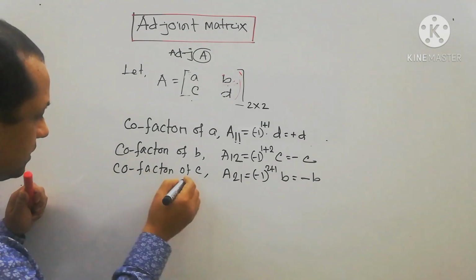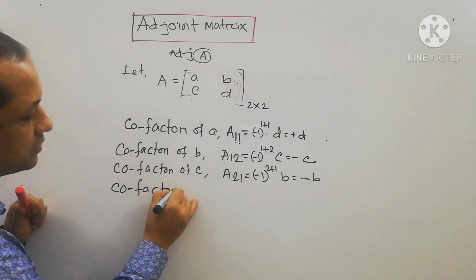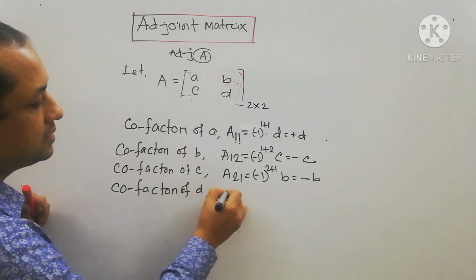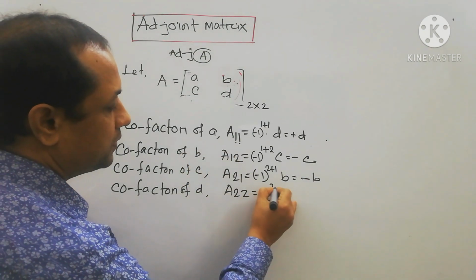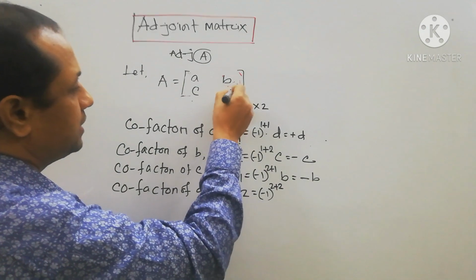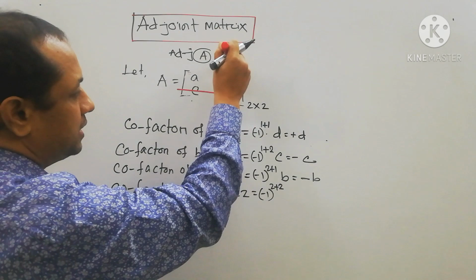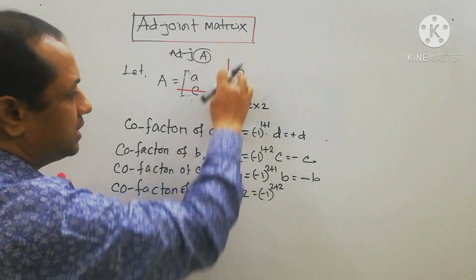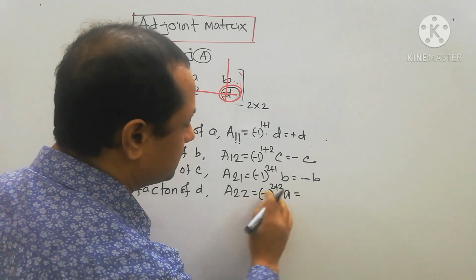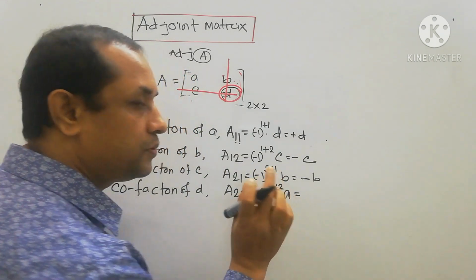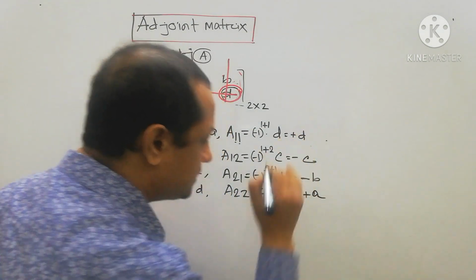I say again students, last one, cofactor of D. It is denoted by A22. So (-1) to the power of 2 plus 2. Here D is in the second row and second column, so they are cancelled and the minor is A. Now the cofactor is (-1) to the power of 4. 4 is an even number, so the sign is positive.